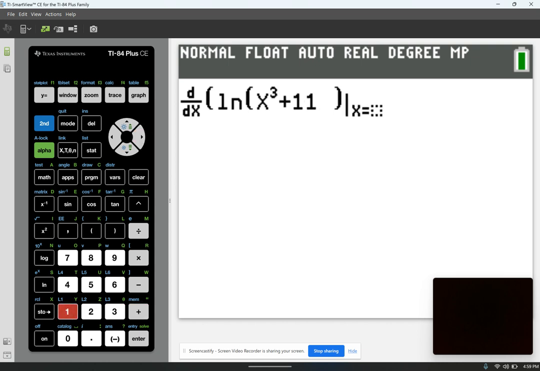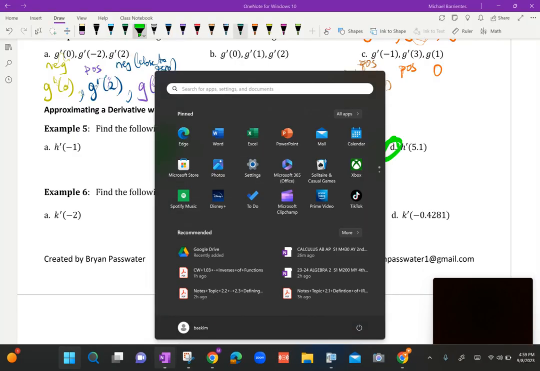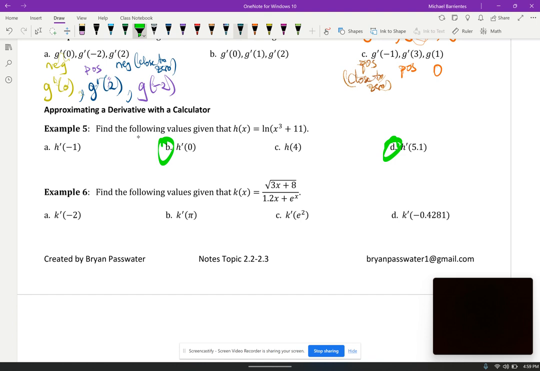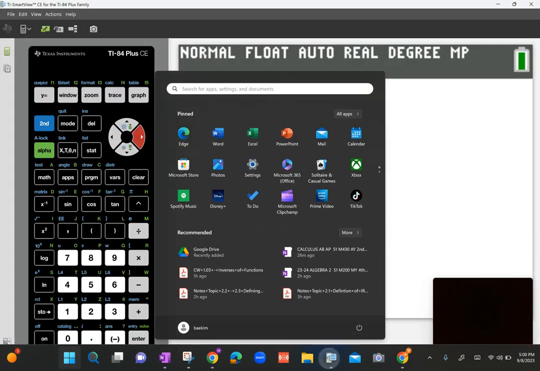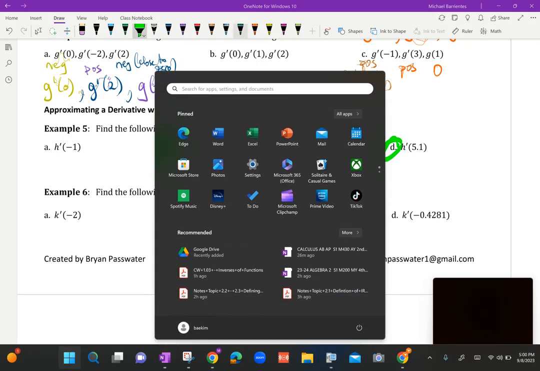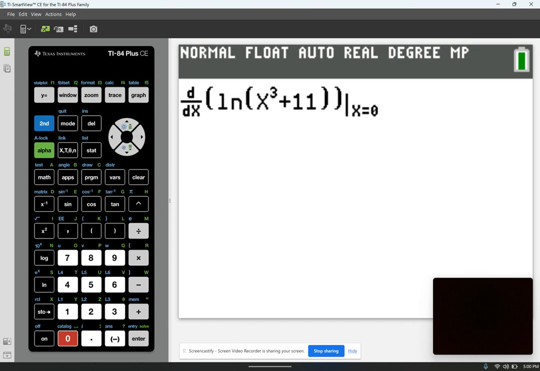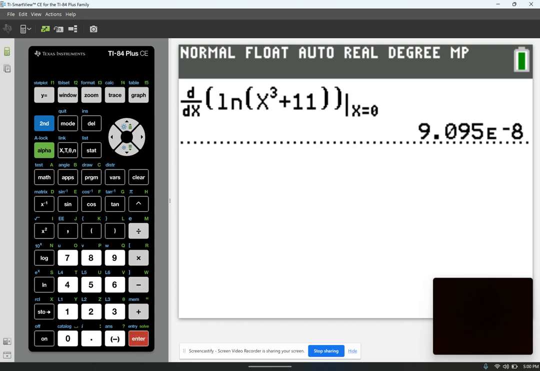And I'm going to close it. So this is the function. We want to evaluate it at two x values. For letter B, we want to evaluate that at 0. And for letter D, we want to evaluate that at 5.1. So I go to my calculator and I tell my calculator, evaluate that at 0 first. There's our answer. Well, what do you notice about this answer?